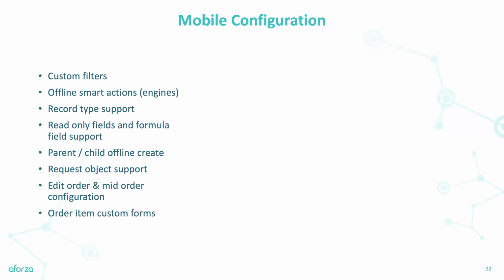You no longer have to artificially limit the amount of data that comes offline. You can build your own custom filters, which can very specifically pick and choose the type of data your users have access to. So that's a huge change and a really useful new piece of functionality you've got, especially if you've got a very, very large data set, like I know some of our customers have.